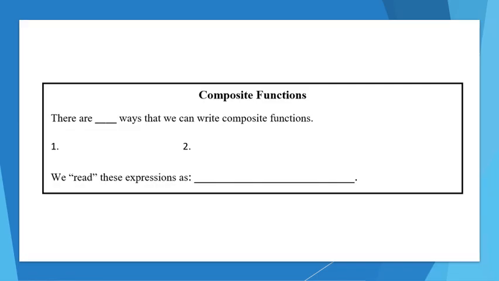And so there are two different ways that we can write composite functions. You can either write it as f of g of x like that, or you could write it as f of g of x. Both of these are the same. Actually, on the AP exam, when they talk about composite functions, they will say both of these, so you don't have to memorize both.